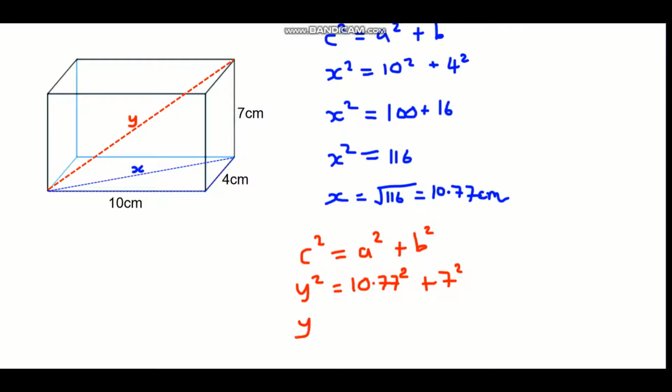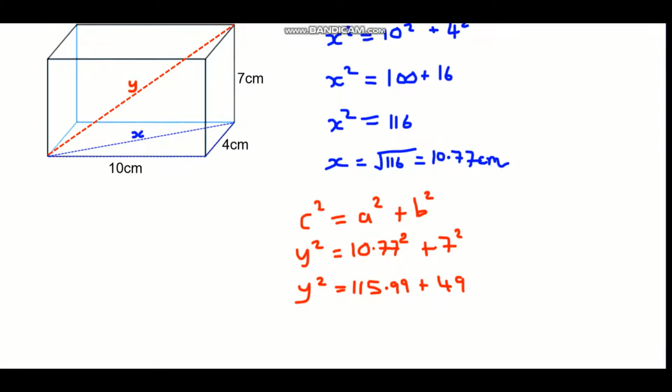Squaring those numbers, y squared is equal to 115.99 plus on 7 times 7 is 49. Add those two up, y squared is equal to 164.99.